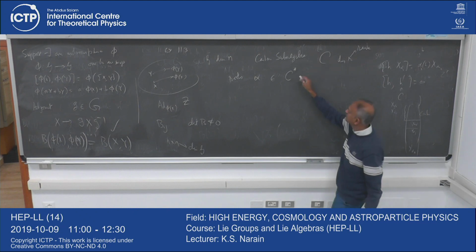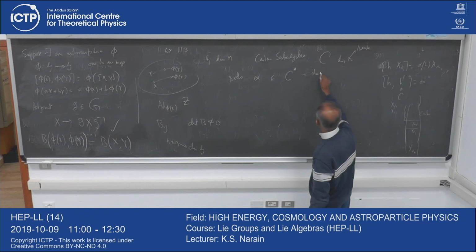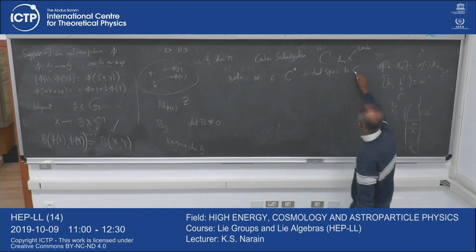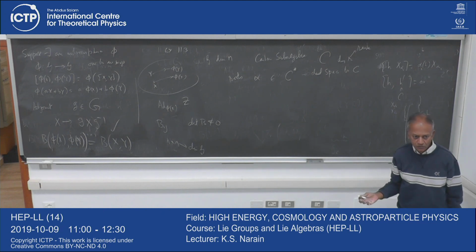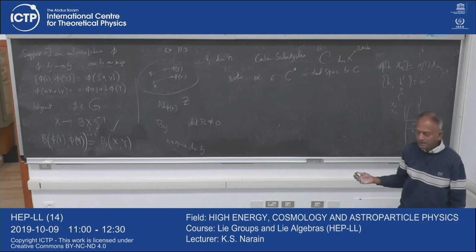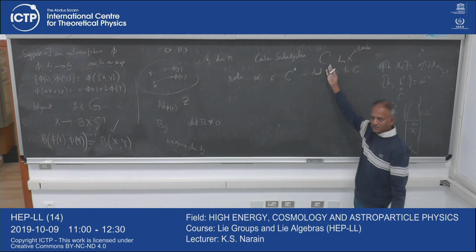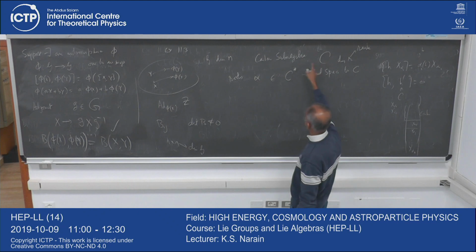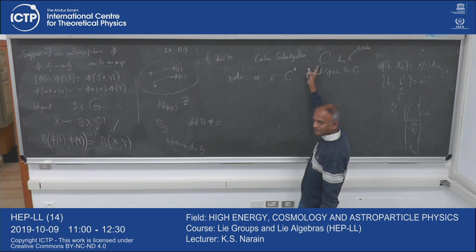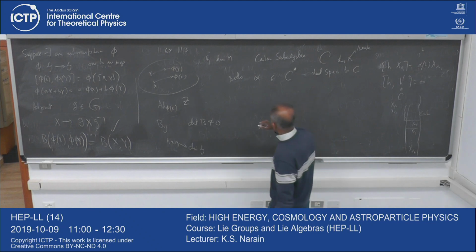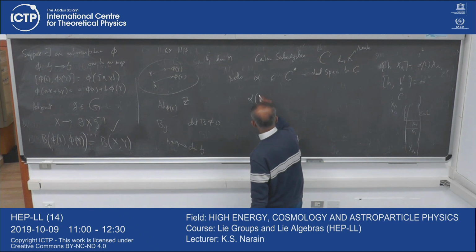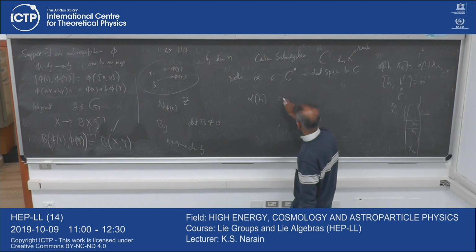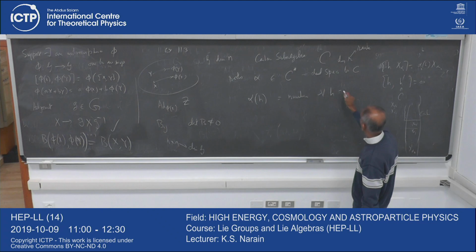It's just the dual space to C. You all know the definition of dual vector space: it is just the space of linear functions on C. So alpha is a linear function on C, which means for every h belonging to C, alpha of h is some number.